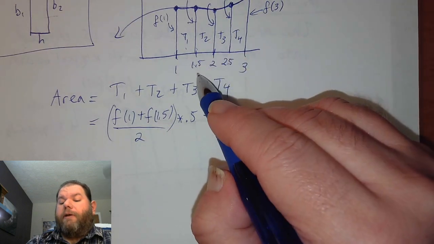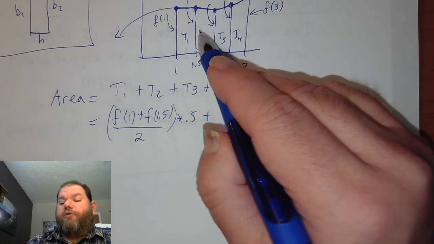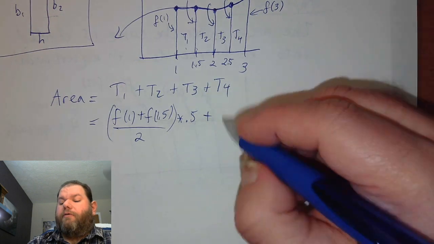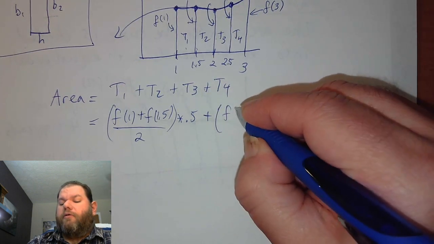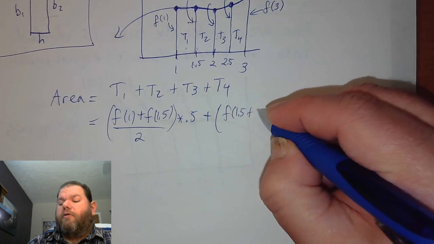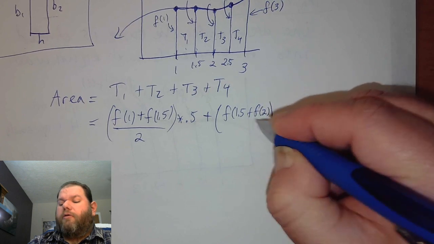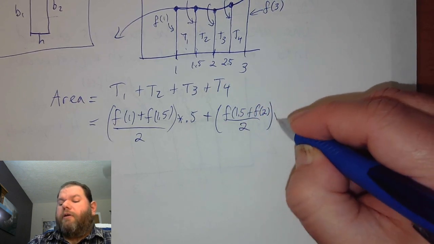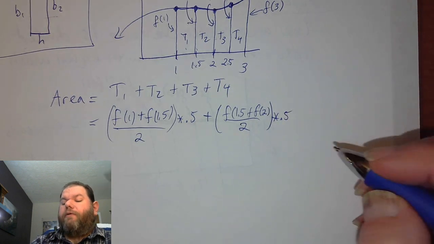T2, the bases are f of 1.5 and f of 2, divided by 2 times 0.5.